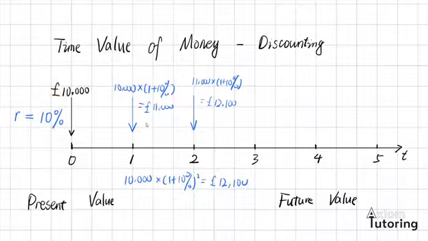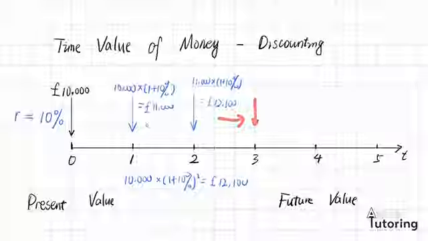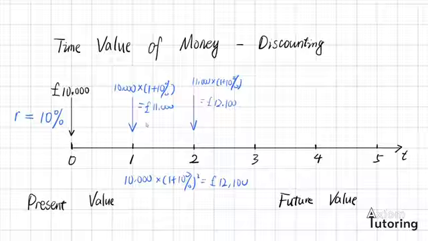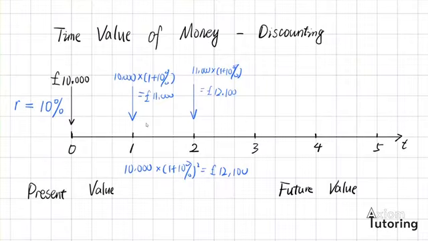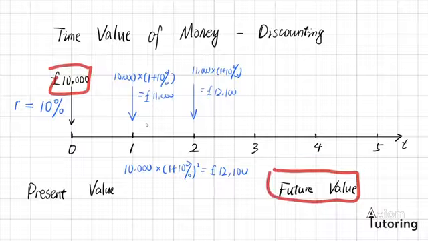If I save it for another year, to year 3, or another 2 years, to year 4, to year 5, it's going to be very similar in calculations, and you get the idea. What we have done here is to calculate the future value. We have some money or some cash flow at time 0, which is right now, and we're trying to calculate what it is worth in the future. So we're calculating the future value.